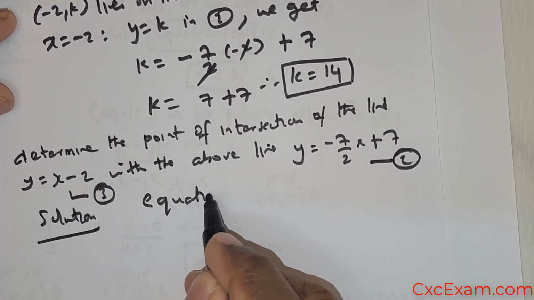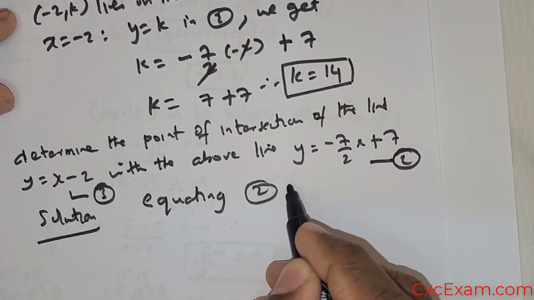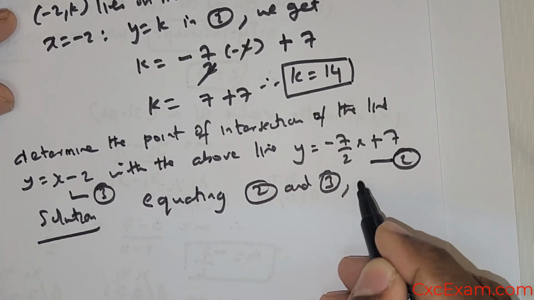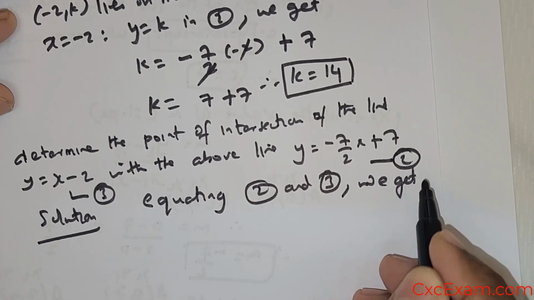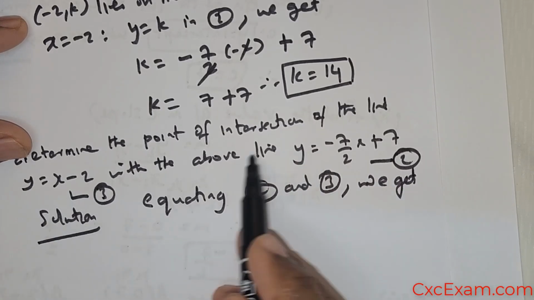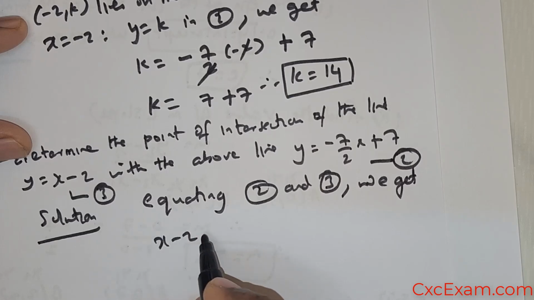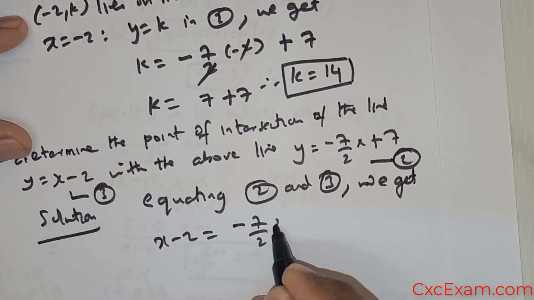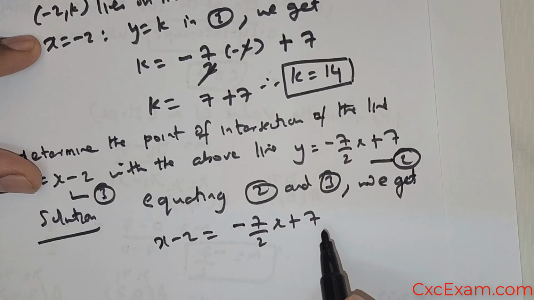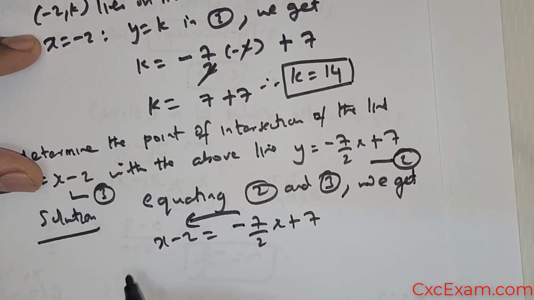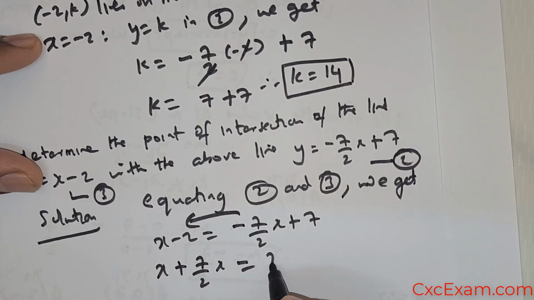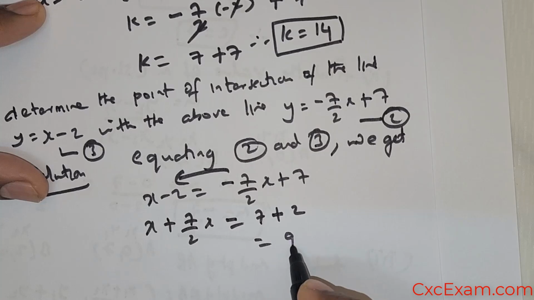Equating 2 and 3, so what do we get? In place of y we substitute this, so x minus 2 is equal to negative 7 over 2 times x plus 7. Move all the x to the left, so you have x plus 7 over 2 times x is equal to 7 plus 2. So this would become 9.